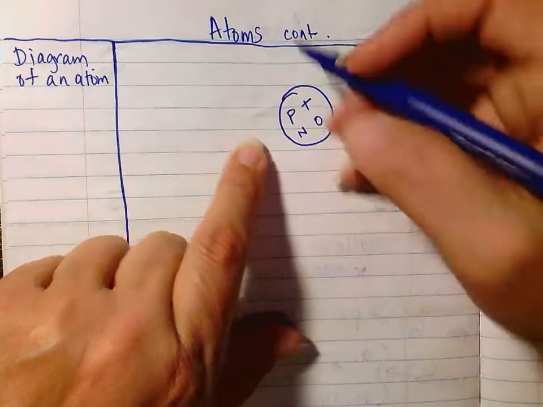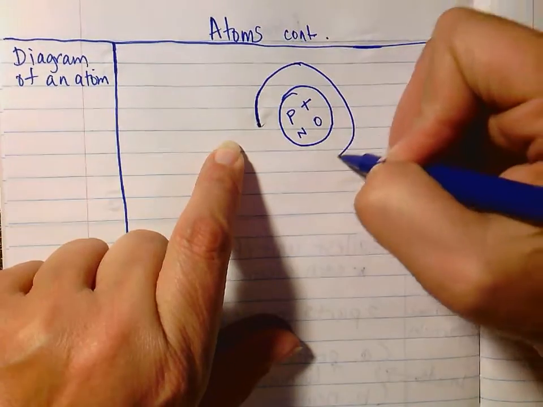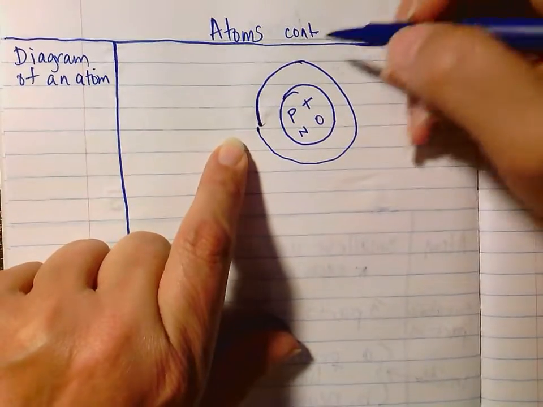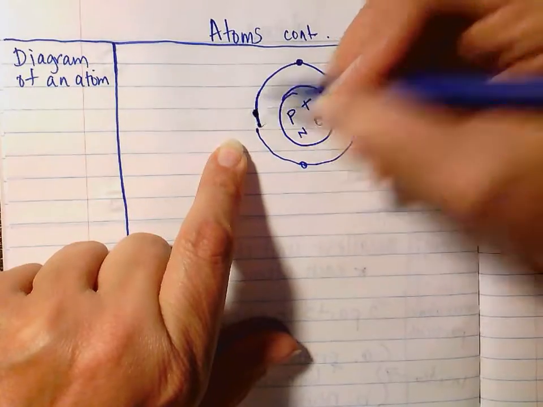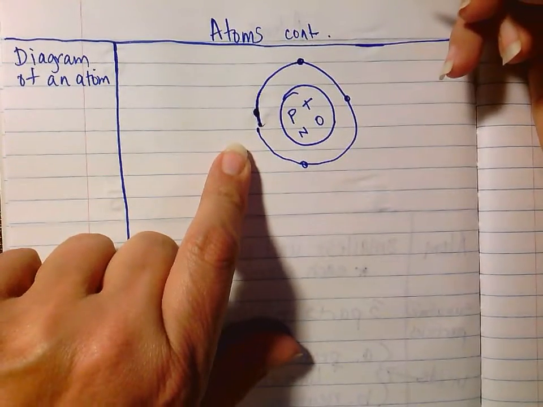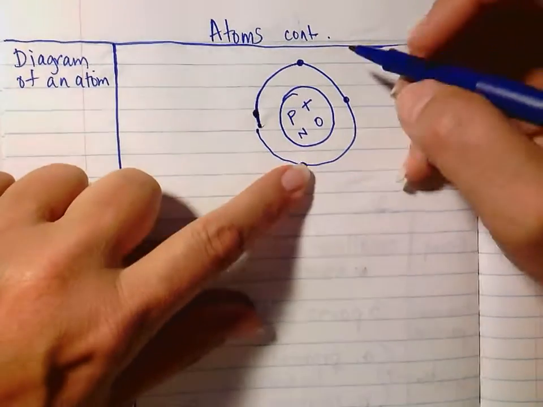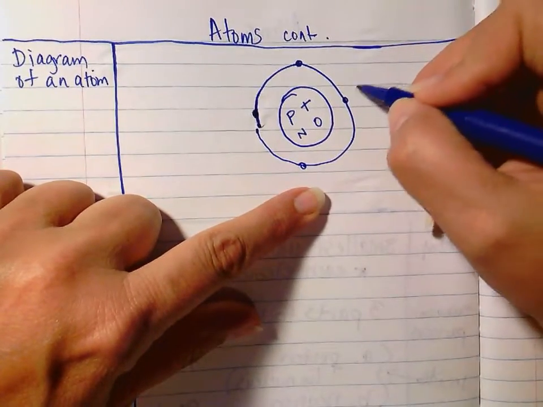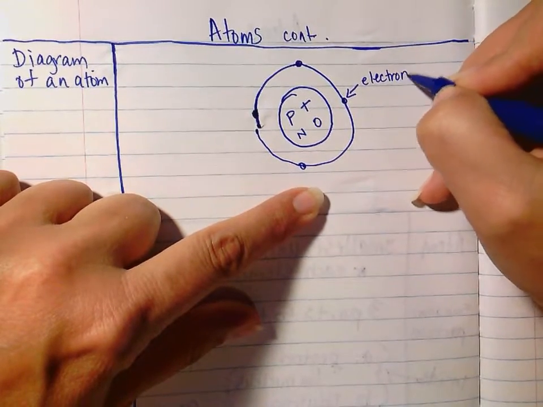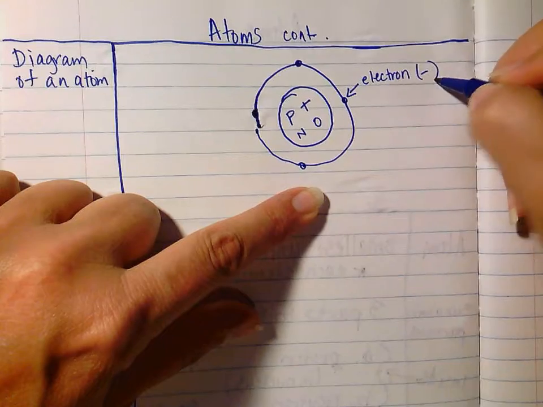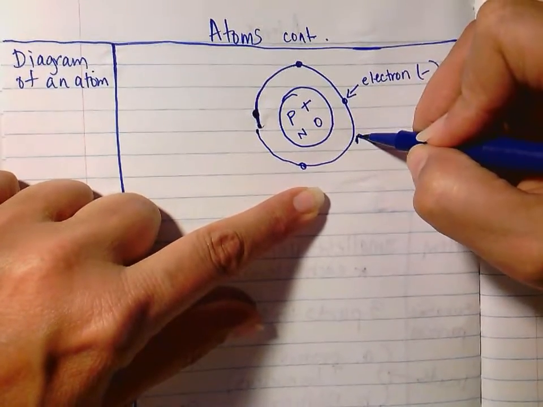Now, on the outside of the atom is this little cloud or ring, and it's going to have little tiny subatomic particles. All right? These guys are going to be the electrons. All right? So, an electron is right here, and it has a negative charge. This little ring right here, oops, I messed up my arrow.